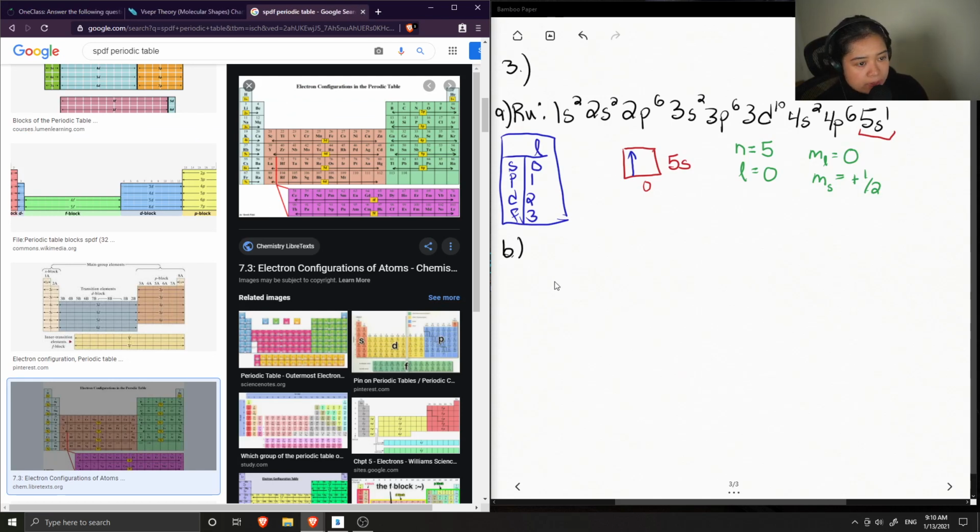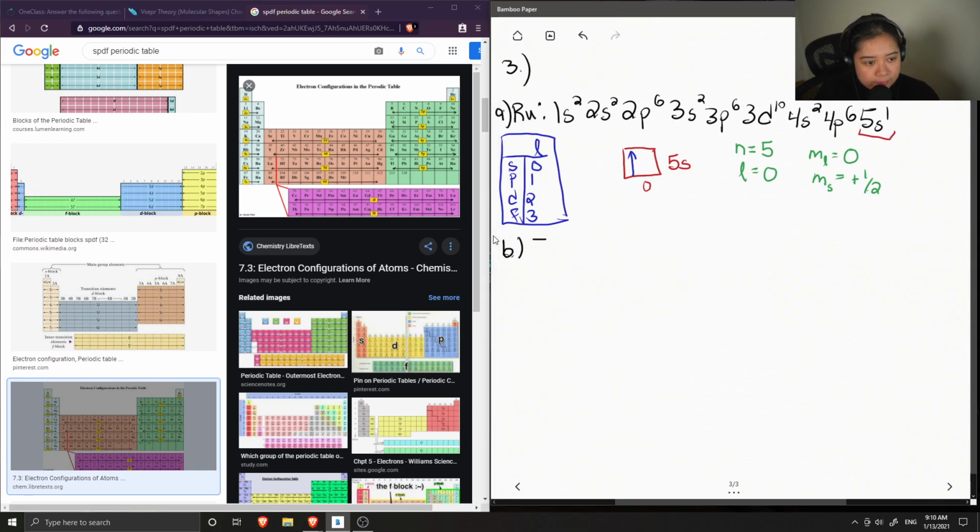It had a 2+ charge, but first we're going to write the electron configuration of a zinc atom in its ground state. So it's the same process. Zinc is found right here, atomic number 30.